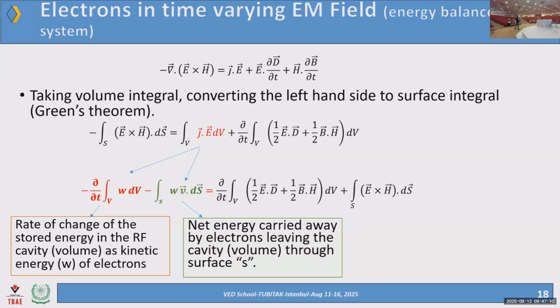So this J is interacting with E field in a volume. And that volume also has this displacement current, you're familiar with it, and it has a magnetic field, and this is filled with certain thing. We call it the energy inside the cavity.